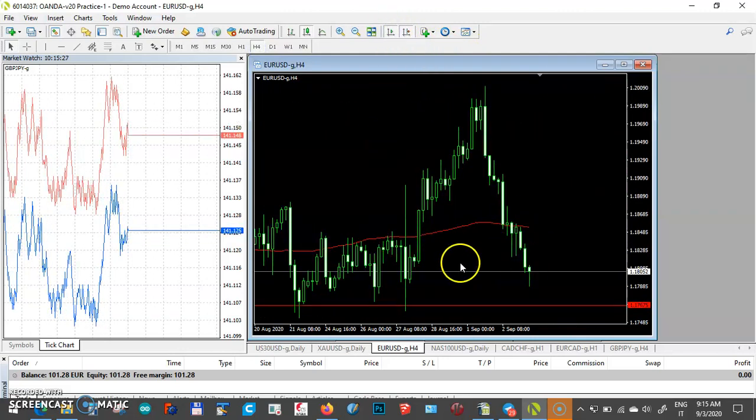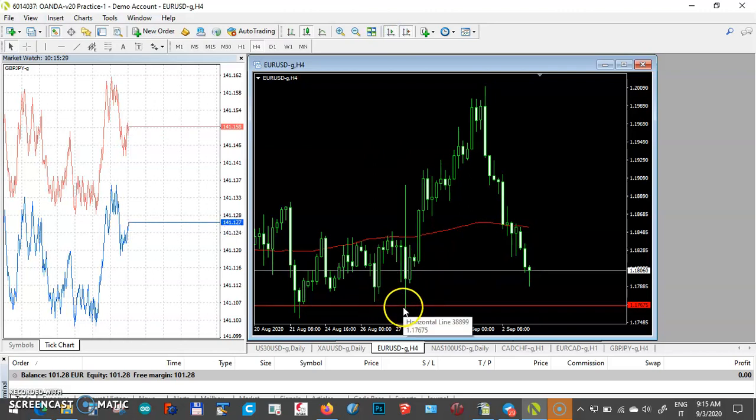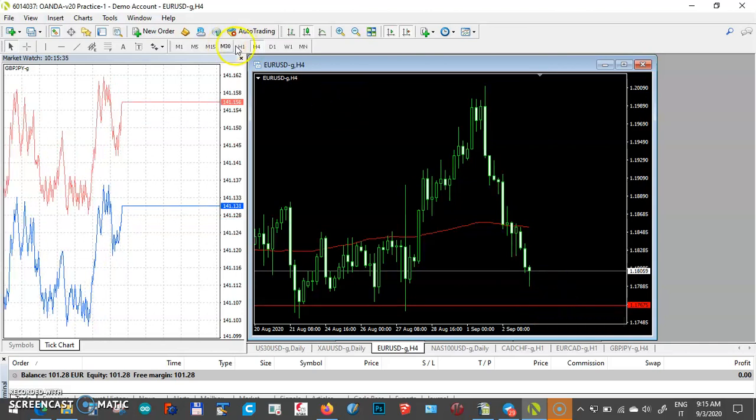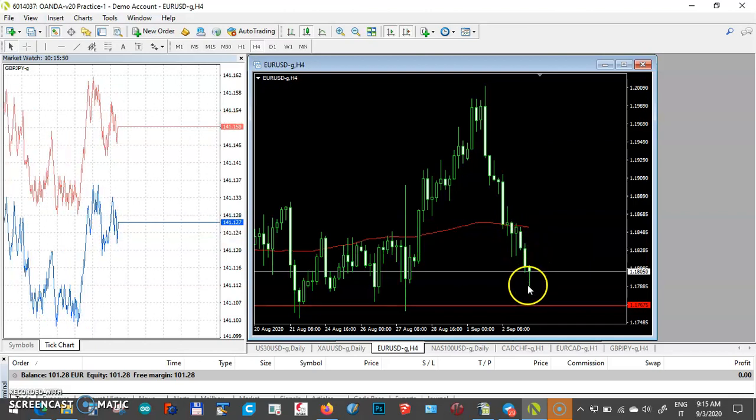And now I'm going to lower the time frame to H4, 4 hour. The 4 hour is coming to this level of resistance, and it reacted very well here, but the bearish market is the winner, and now it is here in this zone of resistance.